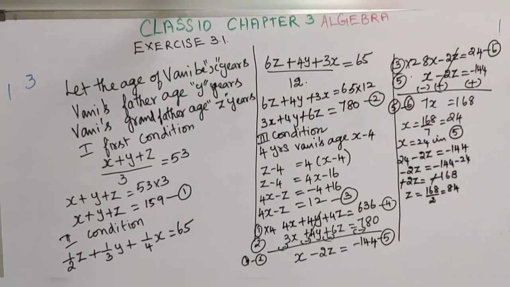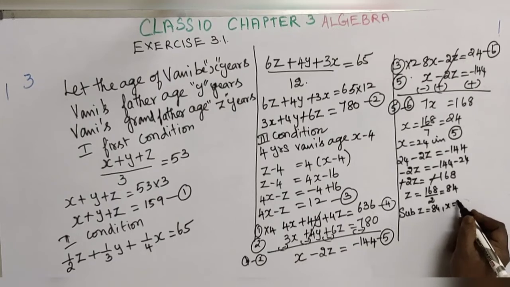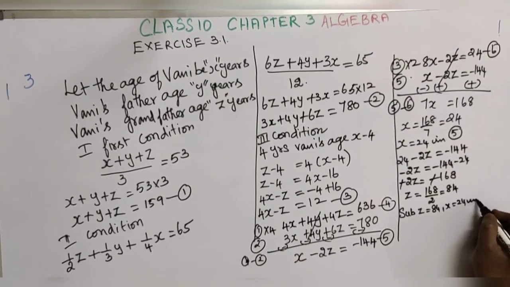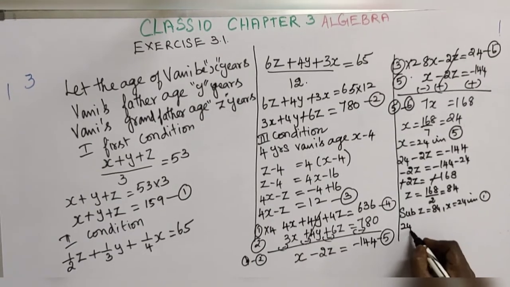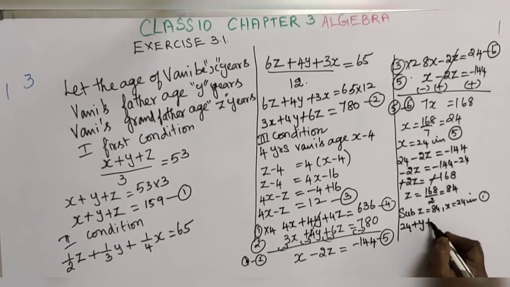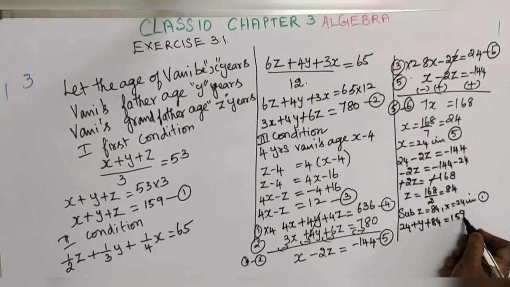Now we have got Vani's grandfather's age as 84. Now substituting z equal to 84 and x equal to 24 in the first equation: 24 plus y plus 84 equal to 159.